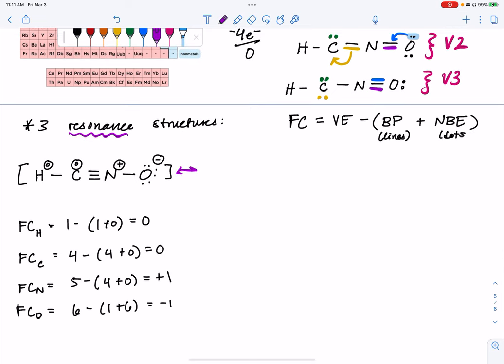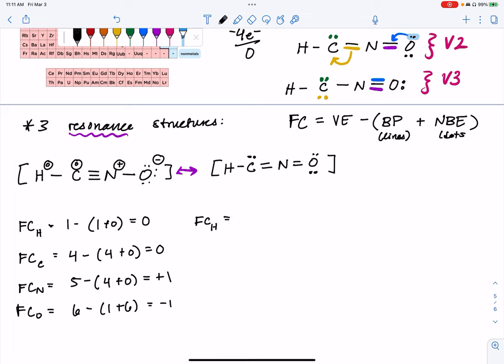Version 2 is the resonance structure where we have hydrogen singly bound to carbon, which has a lone pair and a double bond to nitrogen, which itself in turn has another double bond to oxygen, which has 2 lone pairs. Let's calculate the formal charge on hydrogen.